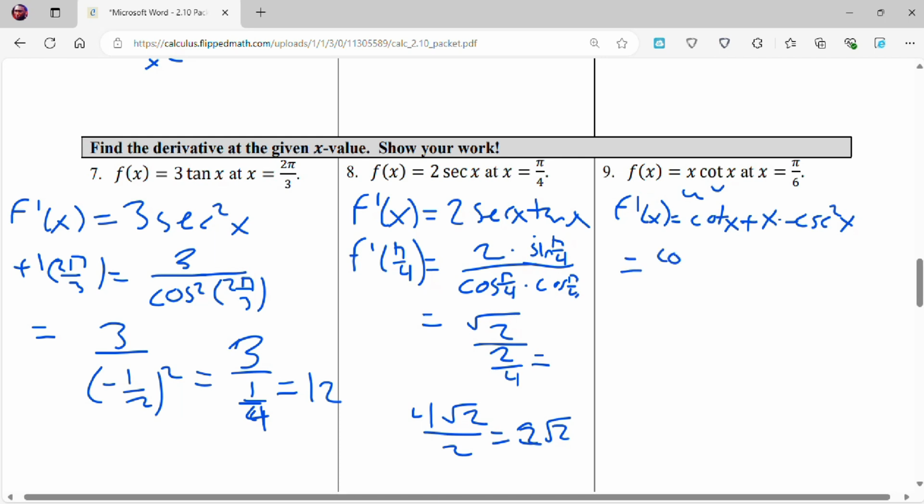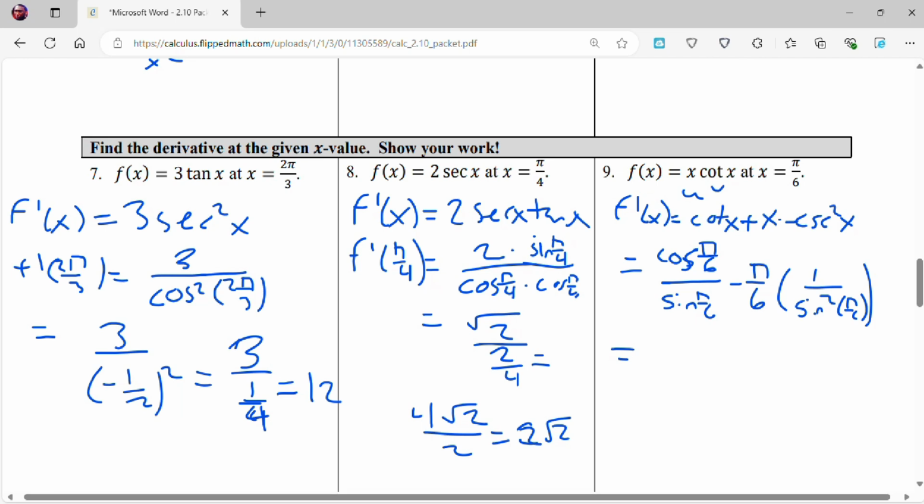So cosine of pi over 6 over sine of pi over 6, minus pi over 6 times 1 over sine squared pi over 6. Now that's a lot, but bear with me here.